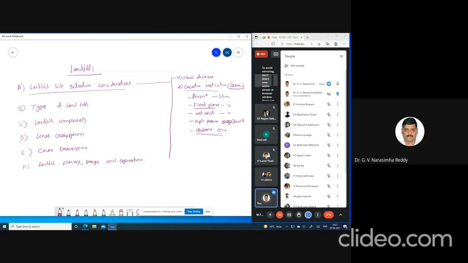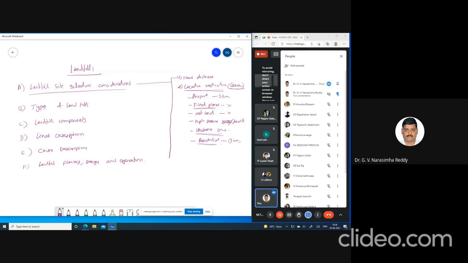So you should see the restricted areas. And residential areas: it should be at least 1 or 2 kilometers away from residential areas because it will create a nuisance of smell, rodents, even birds and all those things.